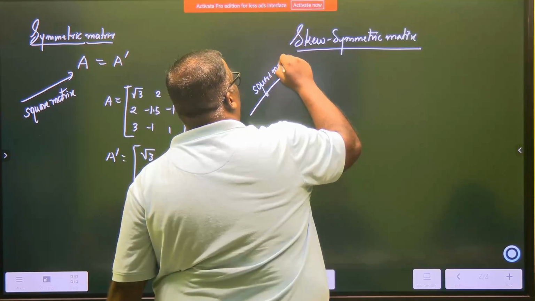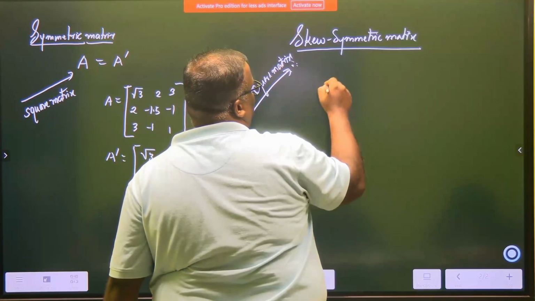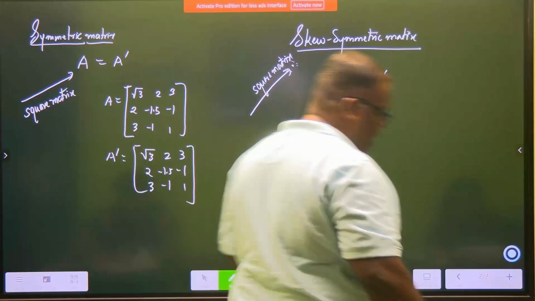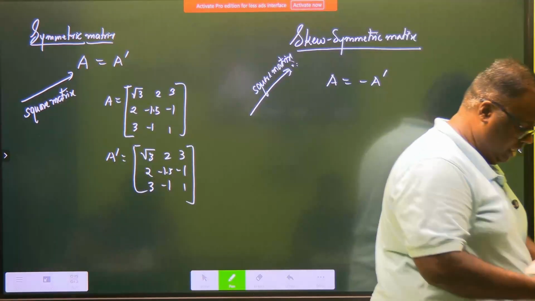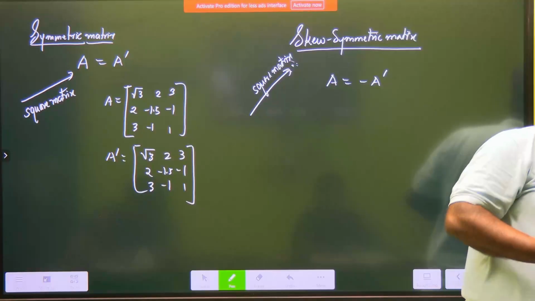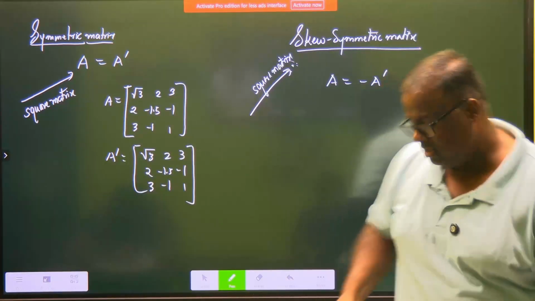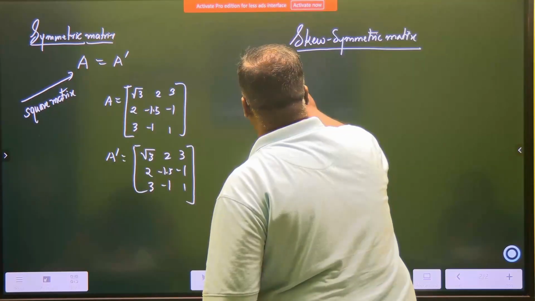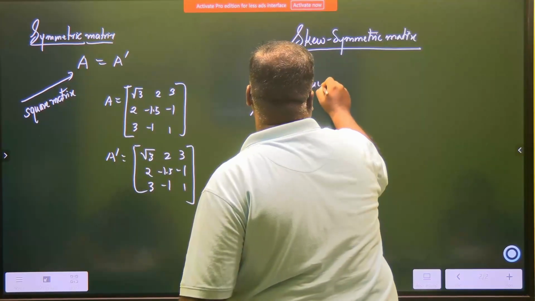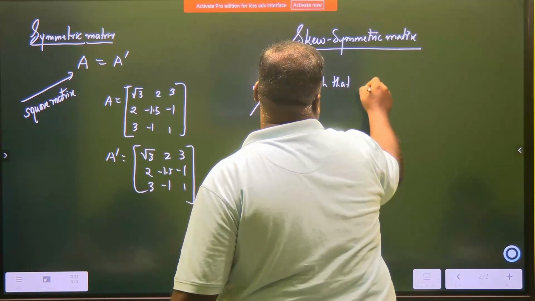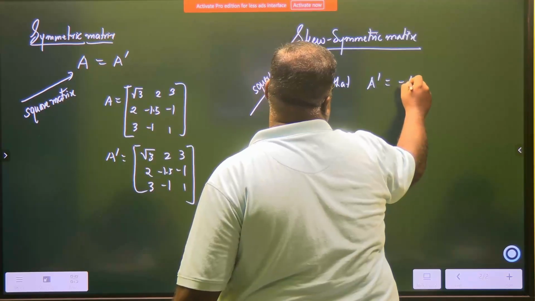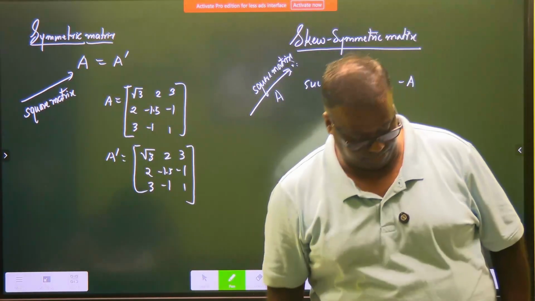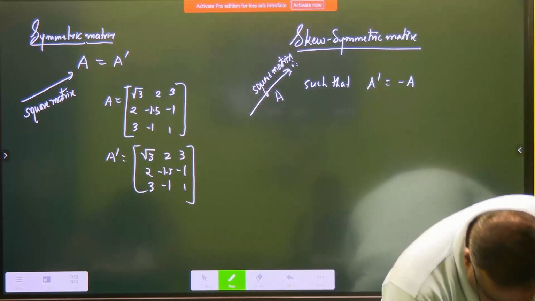The only difference here is that A will be equal to negative of A transpose, or A transpose is negative A. Rather, the better way to put it would be that if you have a square matrix A such that the transpose of the matrix is negative of the matrix, then it is called skew symmetric. One is symmetric and one is skew symmetric.